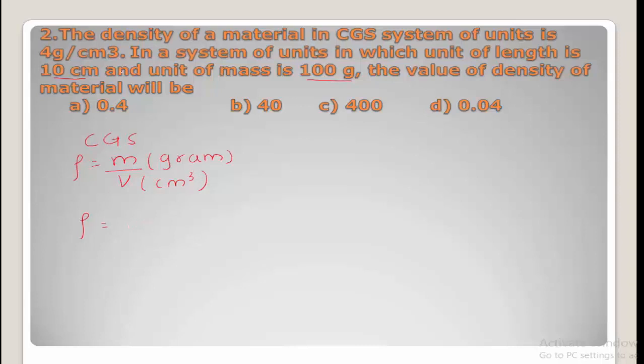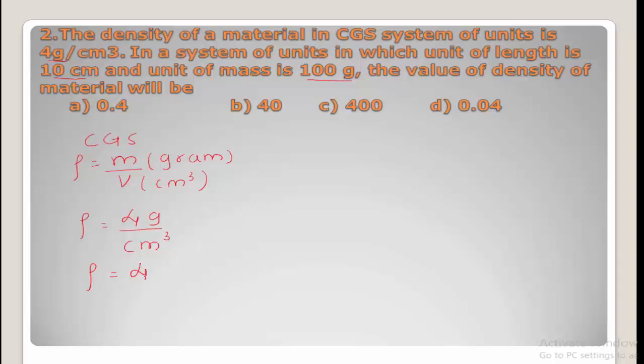So the density is equals to, what is the density given here? The given density is 4 gram by centimeter cube, isn't it? Now in this system the mass is increased by 100 and length is increased by 10.